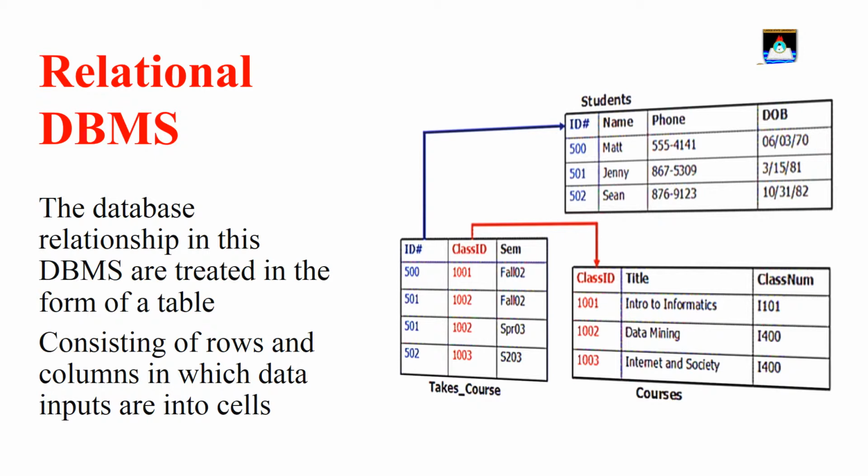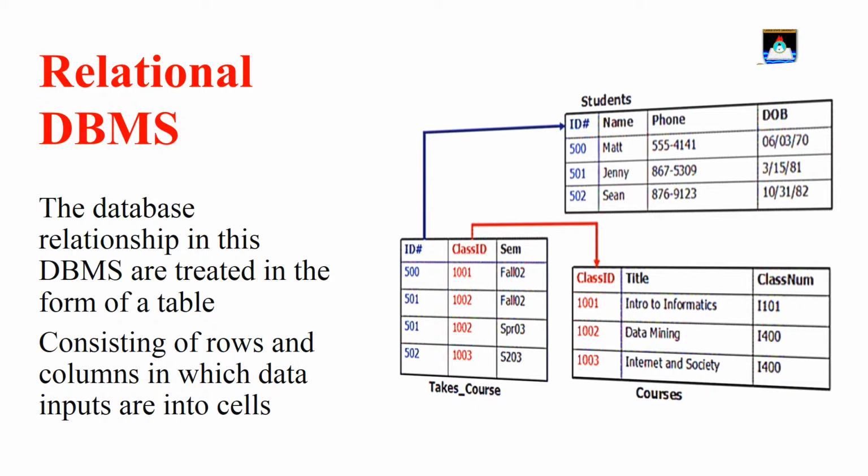Now, remember that this student has an ID number. ID number 500 is attached to the name Math, which shows that Math, under his course or class ID, is offering 1001 in fall semester. Now, this shows that the class ID can be used as a key to access the data on the courses it's offering.